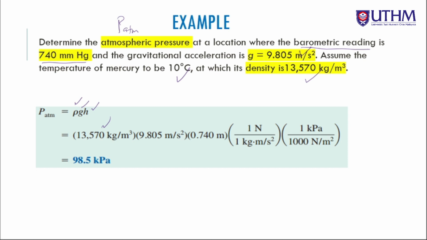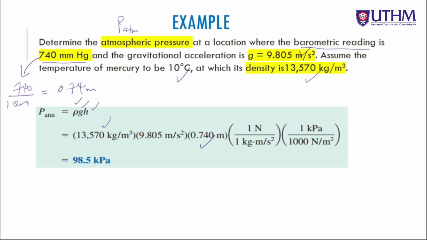However, macam biasa we need to convert into the SI unit. So 740 mm tukar kepada meter, kita kena divide by 1000, and then kita akan dapat 0.74 meter.